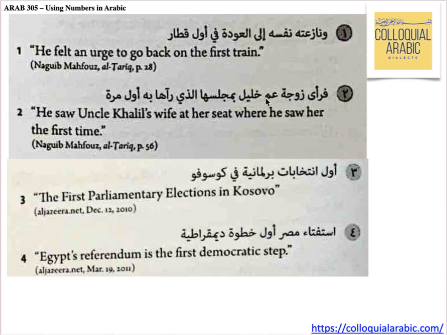Then he saw his uncle's wife, the uncle's name is Khalil, bi majlisiha, sitting at her place, allazi ra'aha bihi awwala marra, where he had seen her the first time, awwal marratin, awwal marra. Where he has seen her sitting for the first time.